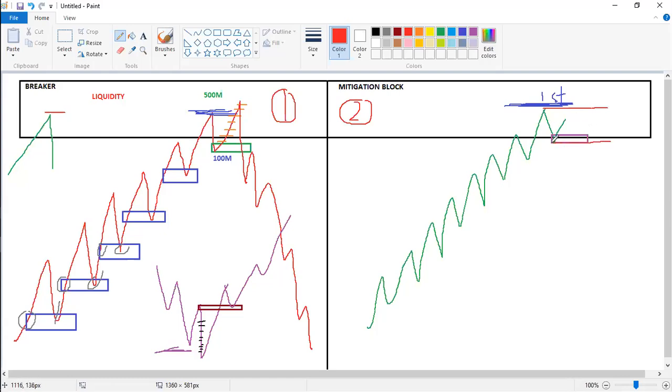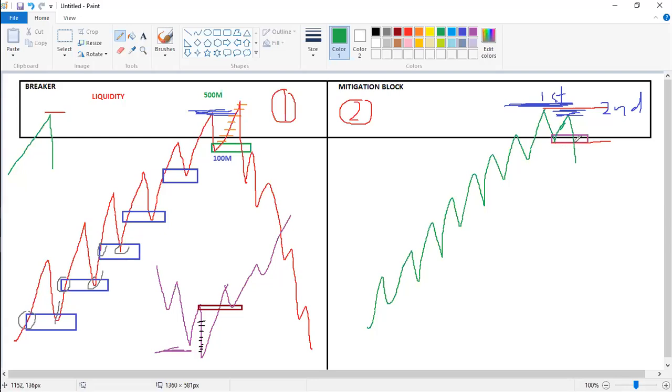So what they do is just push price to premium, not to break market structure, because this is the area where they have their first sell orders. They don't want price to go above their sell orders. So they'll just push price to premium, and then once it's in premium, they put their second sell orders. Then once they're done, price breaks market structure.